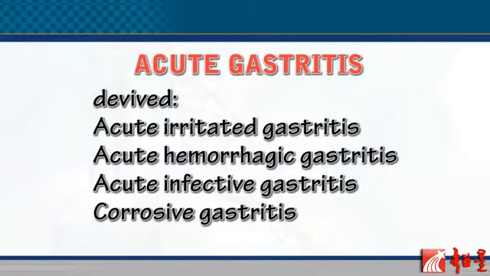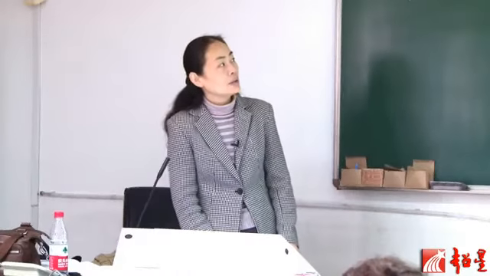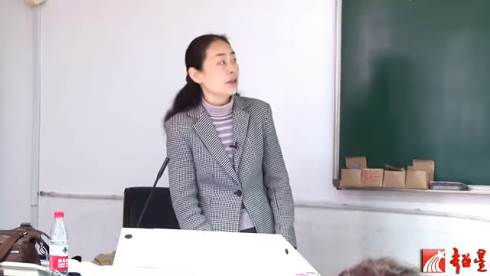For acute gastritis, we divide it into these subtypes: infective and corrosive gastritis. From morphology, in the mild form of acute gastritis, we just see moderate edema and slight vascular congestion.